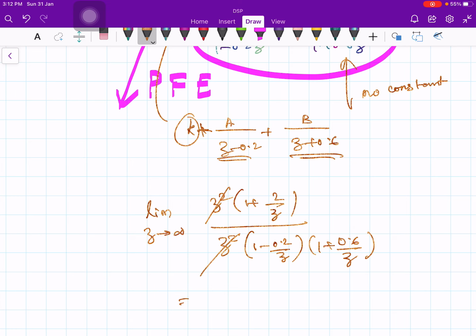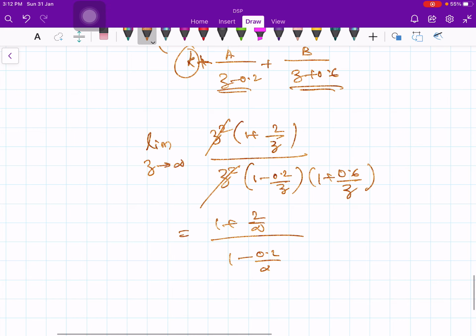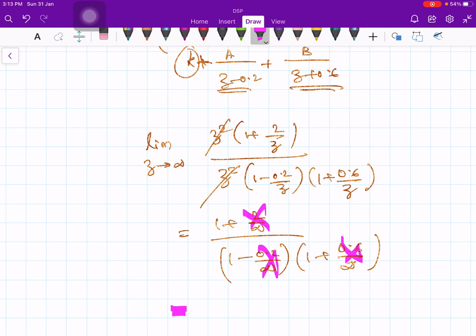Substitute z to infinity: 1 plus 2 by infinity divided by 1 minus 0.2 by infinity multiplied by 1 plus 0.6 by infinity. So this will go, this will go, this will go, and you will get 1. So there is a constant term 1 in this expansion.